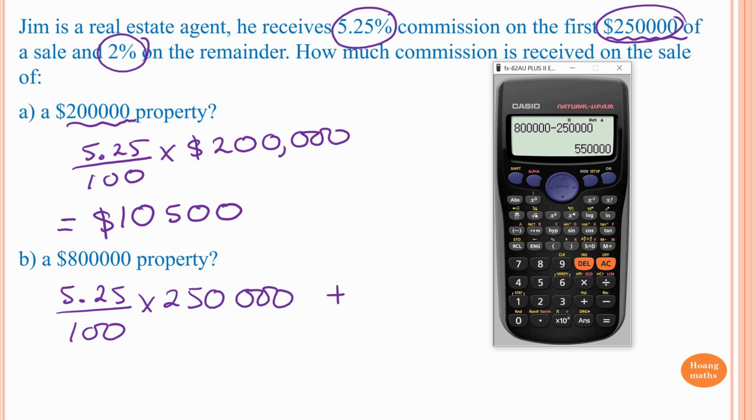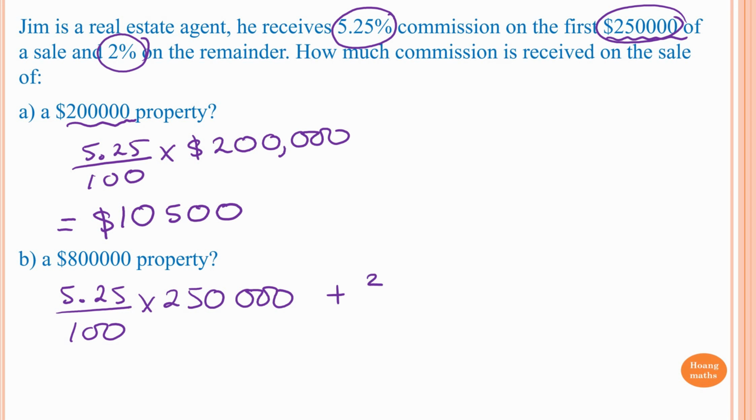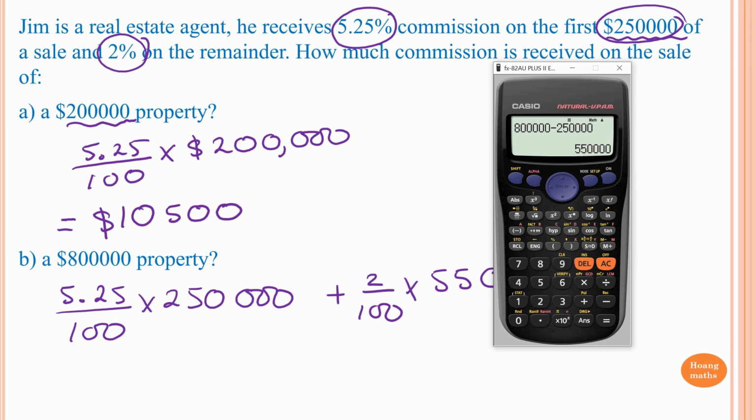So we get 5.25% on 250,000 and 2% on 550,000. So I just write 2% times $550,000. There you go.